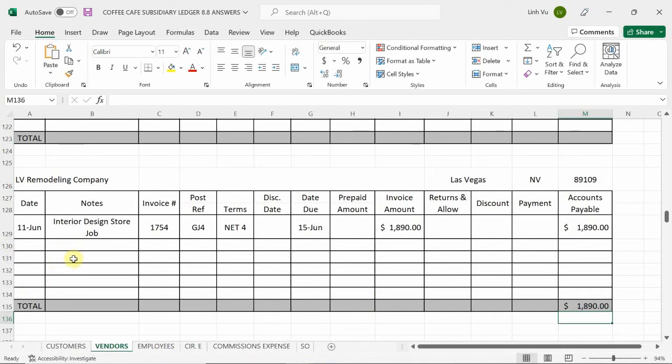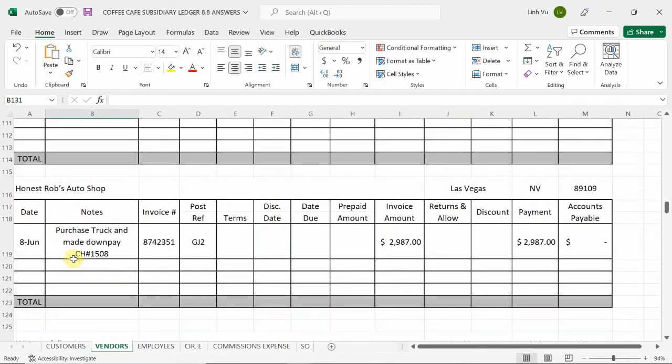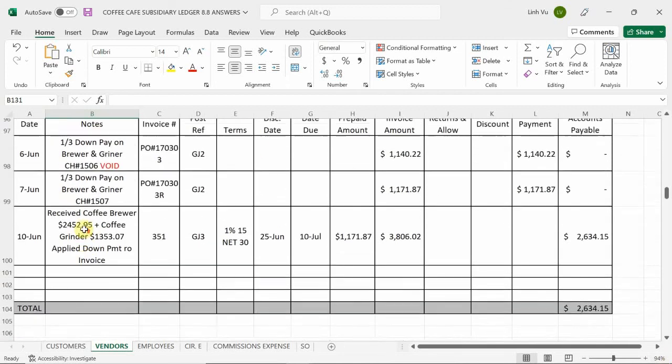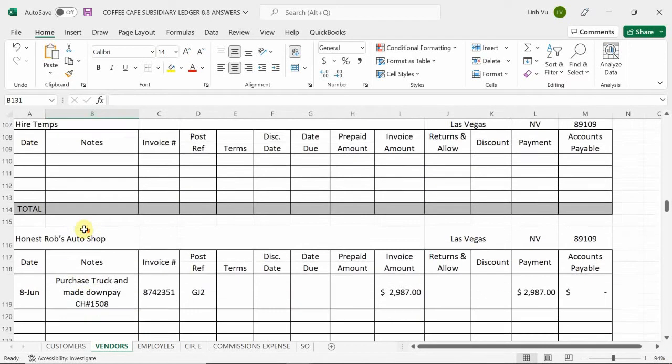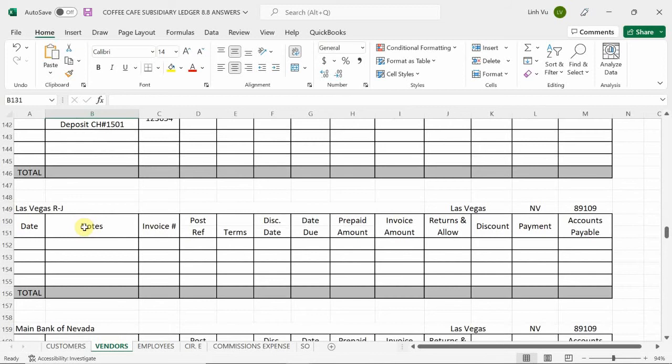So again, that is why it is important that you keep track of every single transaction, even if it's paid off. Even if you don't owe that company anything, it's proof that a transaction has happened and that you're verifying that the vendor that you made a payment to has held up their agreement.